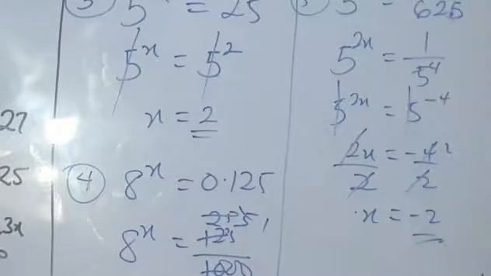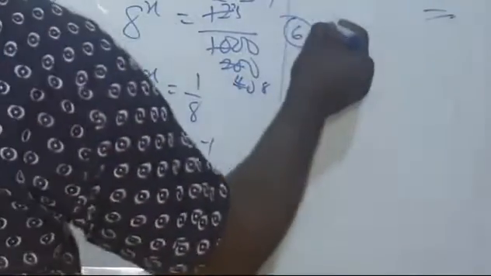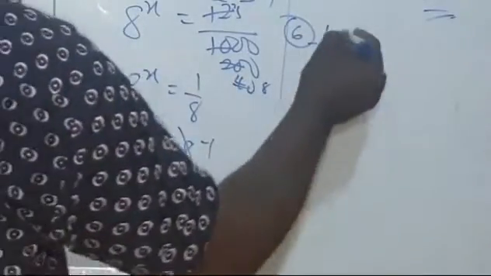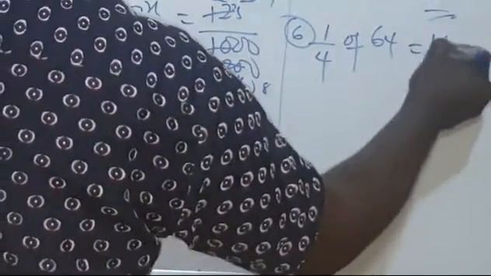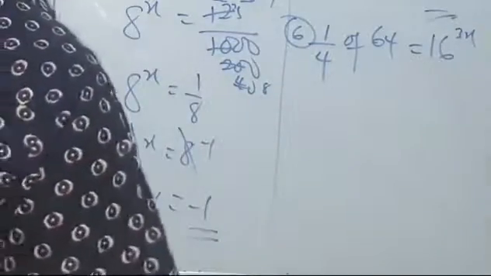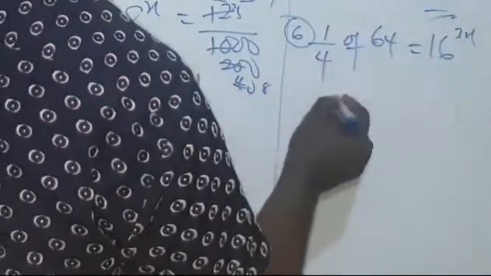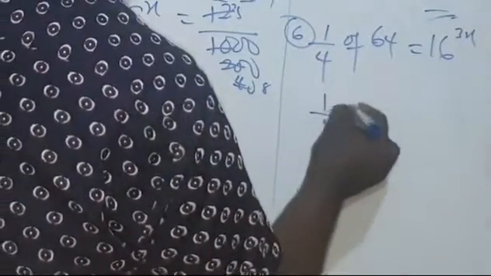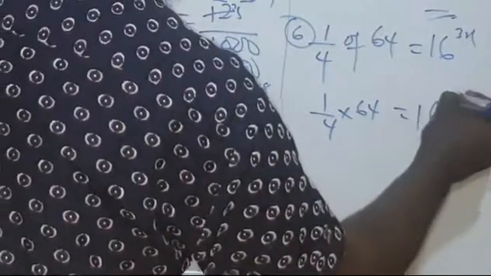Then number 6 here, we have 1 divided by 4 of 64 equals 16 raised by 3x. So what we can do here, of means times, so we can just say 1 all over 4 times 64 equals 16 raised by 3x.